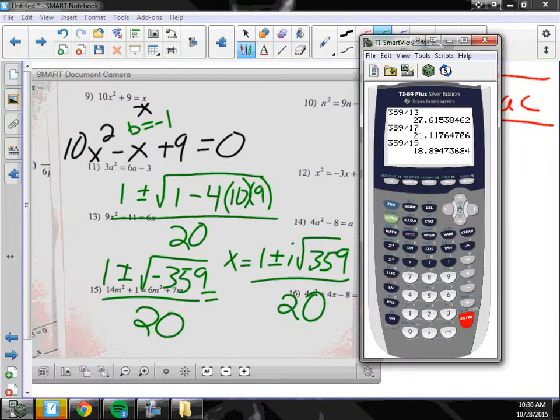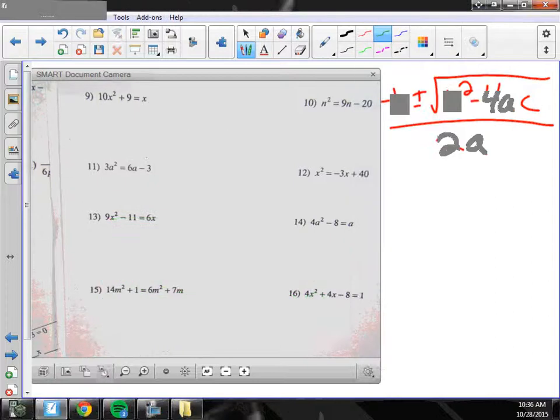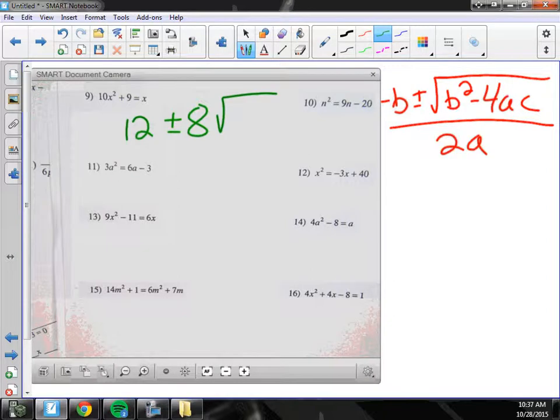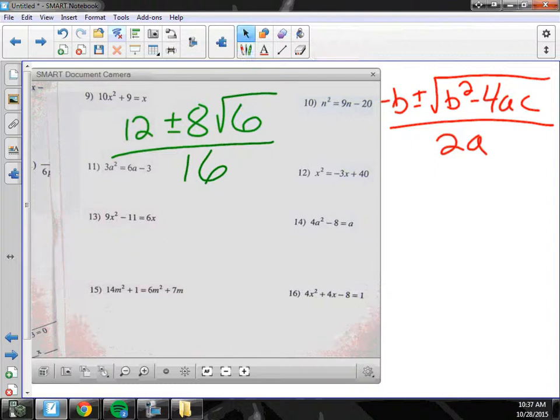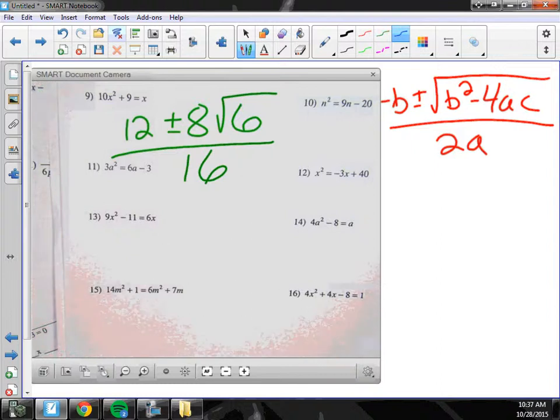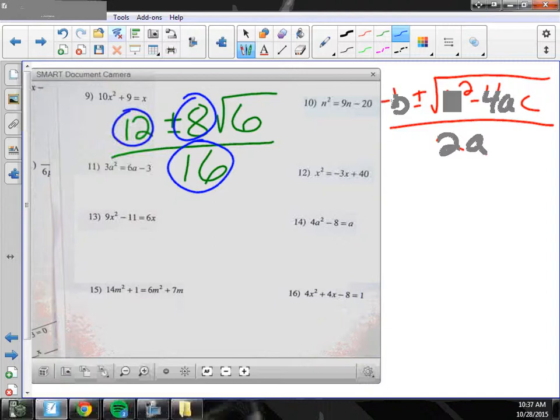Now, the only thing I want to remind you of, what if we simplified down and we got this? 12 plus or minus 8 root 6 over 16. Can I simplify that any further? What you do is you look at this number, and that number.